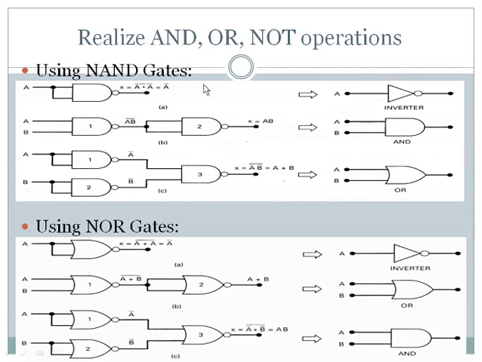So here we have realized the NOT operation, AND operation by the second circuit, and the OR operation by the third circuit by using only NAND gates. This is what we call the realization of the AND, OR, NOT operations by using NAND gate.